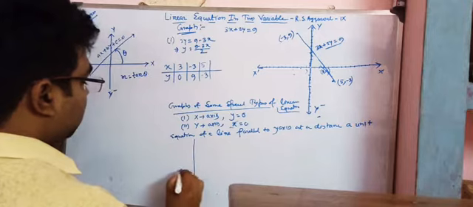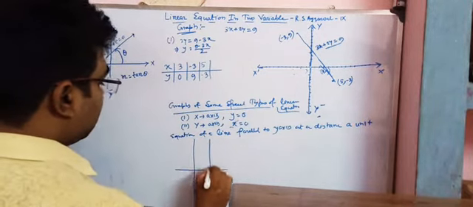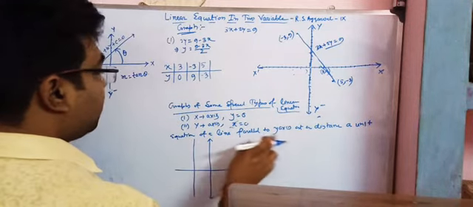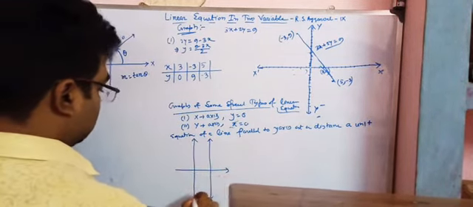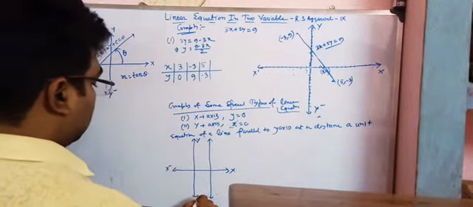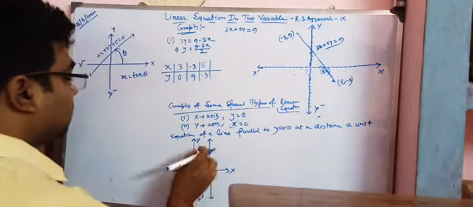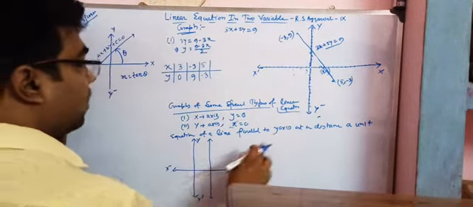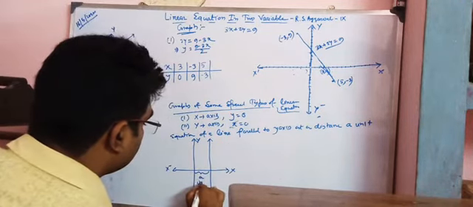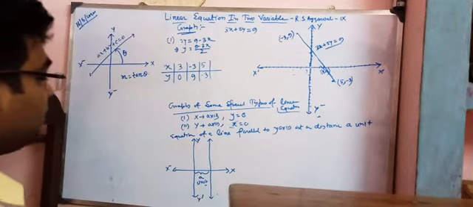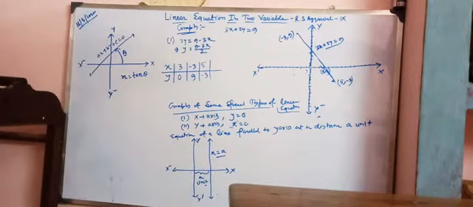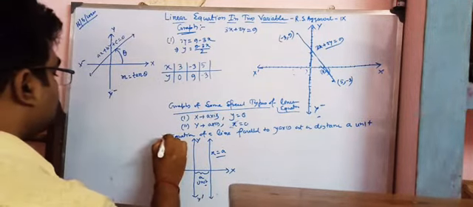If we take the graph, this is my required straight line, a line parallel to y-axis. This is x, this is x dash, y dash. This is my required line. And what is its equation? Since it is at a unit distance, the equation of this straight line is x equals a. Okay, so this is my third.